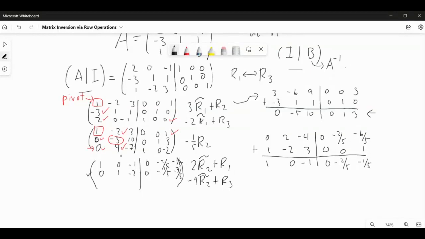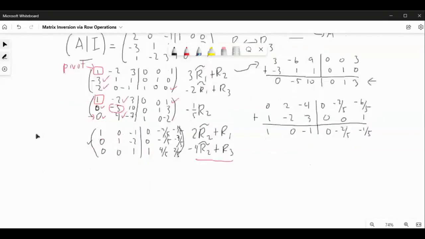Okay, and so what about the third row? So for the third row, if we carry out this operation, then what we will arrive at is the following row. So I will just leave the calculation up to you, the viewer. So this will become 0, 0, 1, 1, 4 fifths, and 2 fifths.